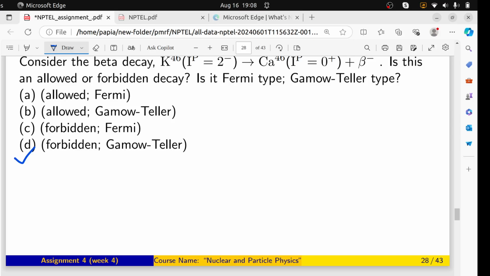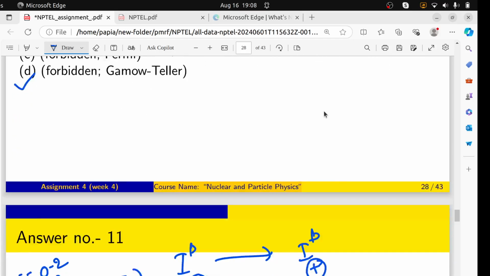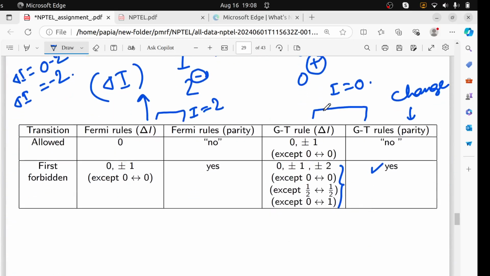Do you have any doubt in that question or in that table? I will talk about the table later also, but for the question that was there, the answer will be first forbidden and Gamow-Teller. Is it fine for all of you to understand with the help of this table? Yes?